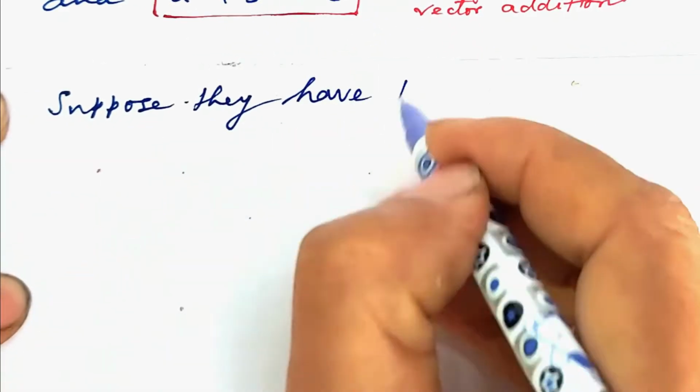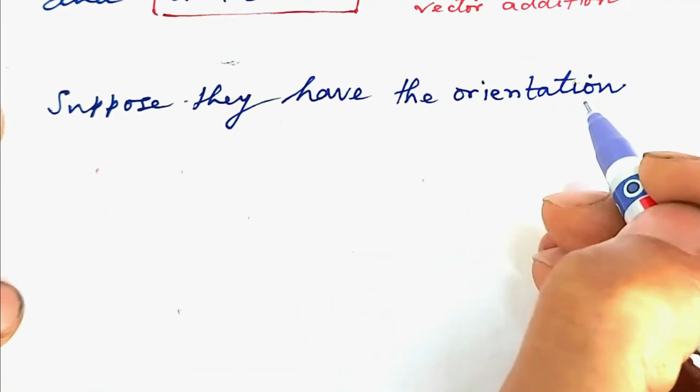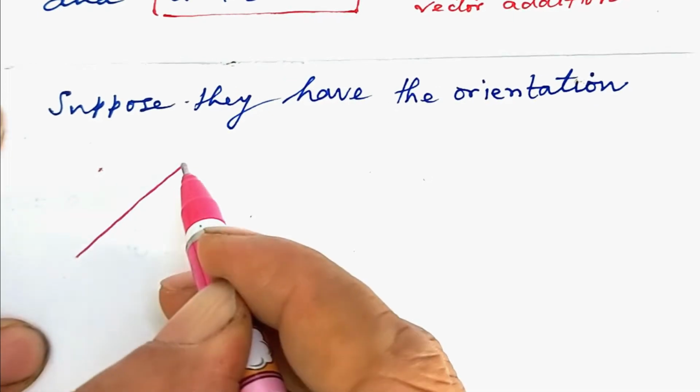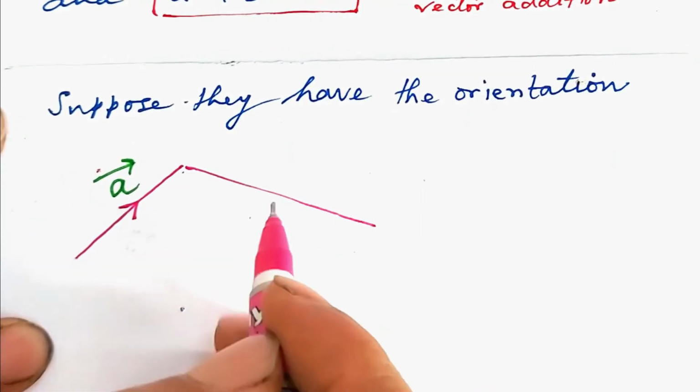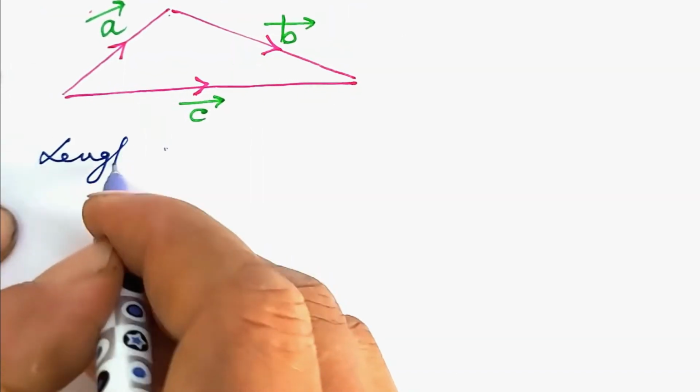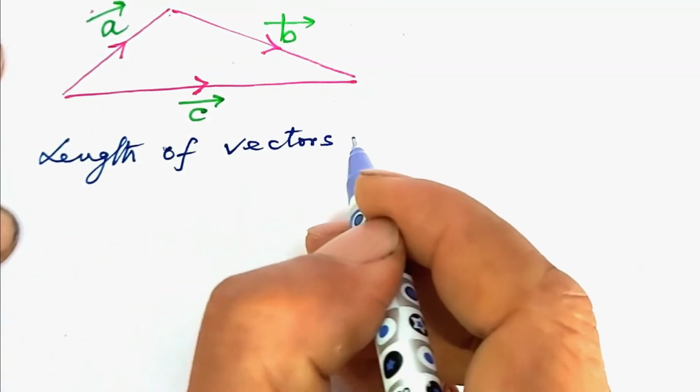Suppose they have the orientation as follows. Let me draw the vectors to show the mutual orientation. This is vector A and here goes vector B. This is vector C. The length of vectors are written as follows.